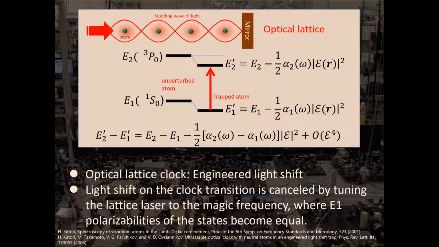If you tune the dipole polarizability of the ground state and excited state to be equal, then this Stark shift perturbation can be canceled out. We call this special wavelength the magic wavelength. By tuning to the magic wavelength, this differential Stark shift cancels out. Then we can measure the true atomic transition frequency.